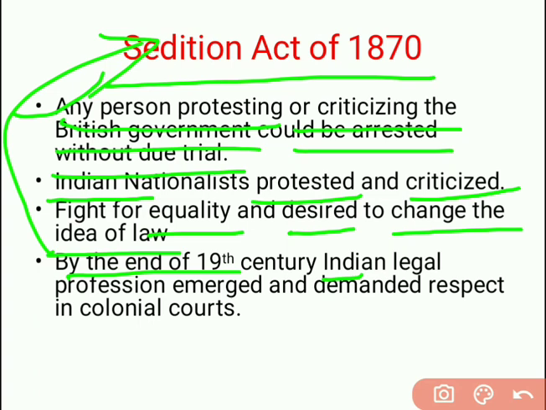They got law degrees from other universities, started their profession, and the legal profession emerged and demanded respect in colonial courts. Because these people were scholars in the legal system, they pressurized the government to make laws that would be simple and acceptable to the people.